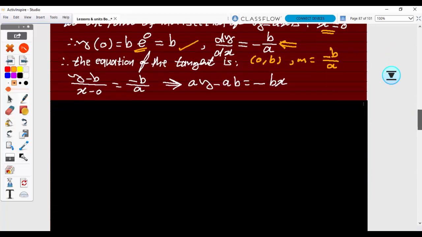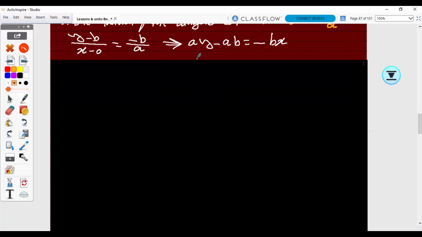Simplifying this form, we will get ay minus ab equals negative bx. It's cross multiplication. y multiplied by a equals ay. Negative b multiplied by a equals negative ab, and negative b multiplied by x equals negative bx.